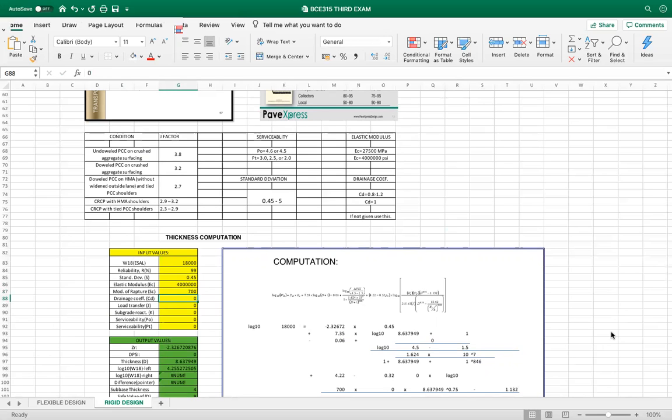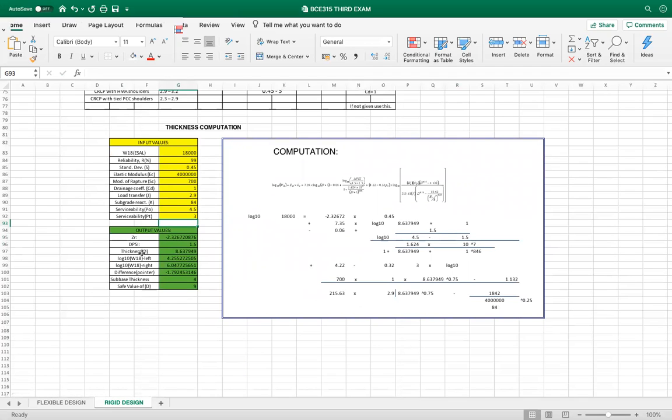Drainage coefficient is 1. Load transfer is 2.9. Subgrade reaction K is 84. Serviceability PO is 4.5. And serviceability PT would be 3.03. So there you go.